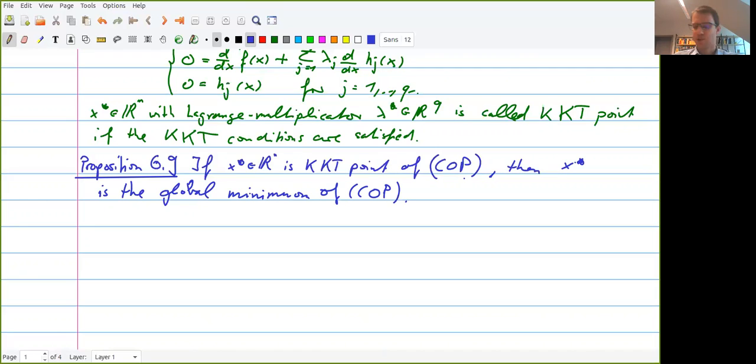And the proof turns out to be not really hard. But as I said, for completeness reasons, I want to at least briefly go through it. Why do we want to do this now? Because in a couple of minutes, we want to apply it to our original problem. So let's take this KKT point.